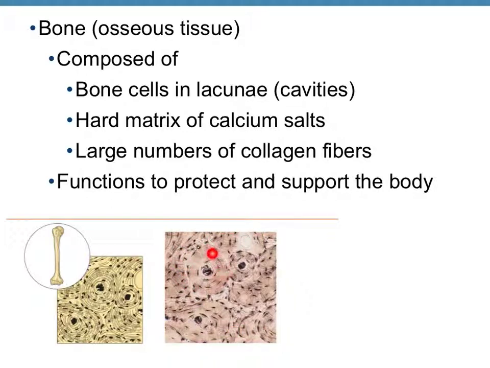Each of these structures looks like a cross-section of a tree trunk, or maybe a bullseye or a target. Those little dark structures that you see are actually the cavities where you would find the cells. And all of the tannish, yellowish, beige, off-white color structure that you see is indeed the matrix.